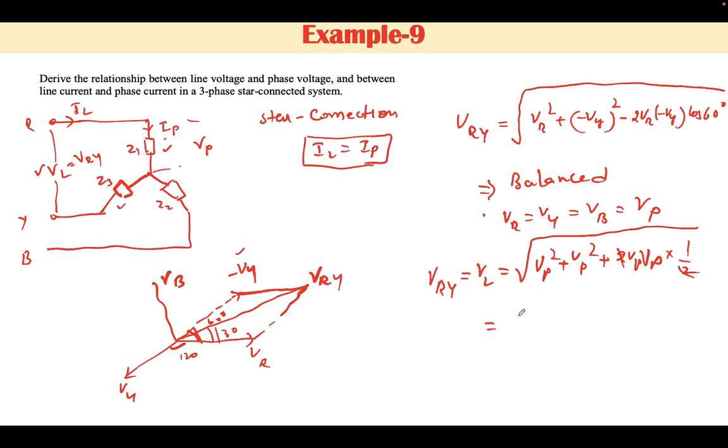It will be 3 Vp square under root, and on simplification, root 3 into Vp, and hence we can say VL is equal to root 3 times Vp in case of star connection.